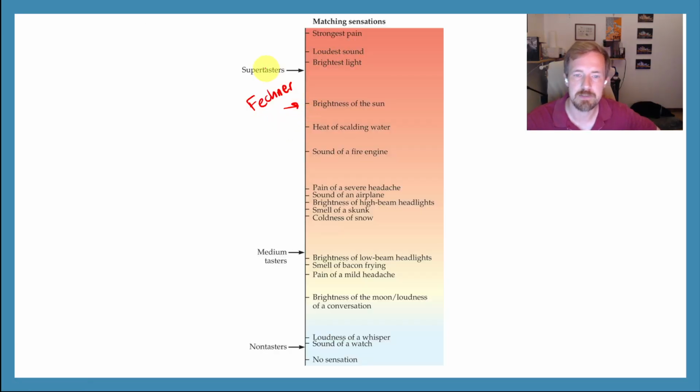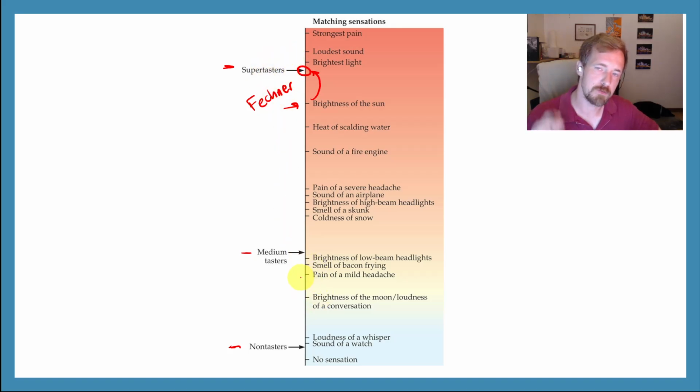If you're curious about what this super taster, medium taster, and non-taster is, we're going to revisit this in the final chapter of the semester. But basically what this is showing is that depending on your genetics, some people might experience a taste way up here to be worse than the brightness of the sun.